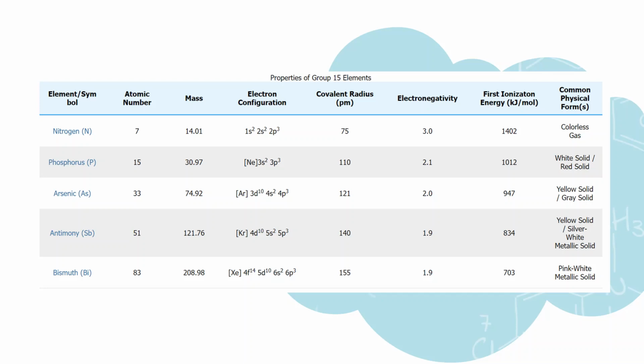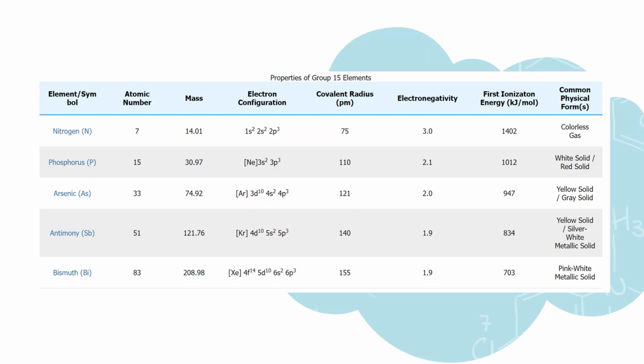The electronegativity decreases down the group due to the increasing distance from fluorine, and the covalent radius, also known as atomic radius, increases down the group as the principal quantum number increases, which means the shells are further away from the electrons.